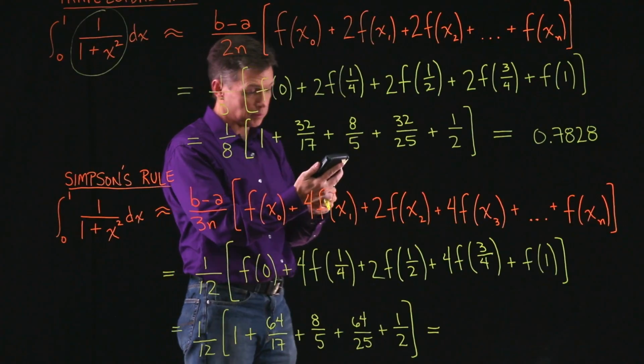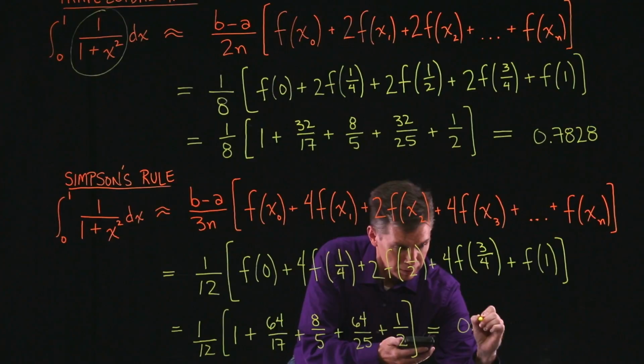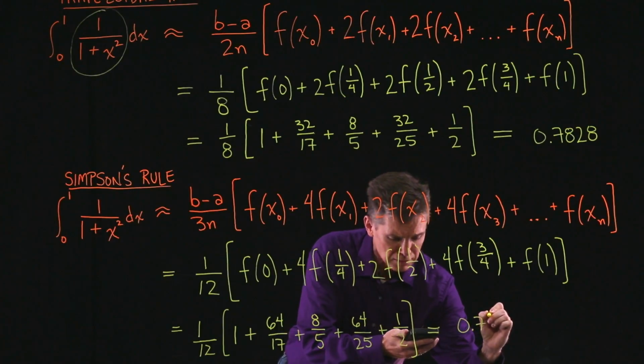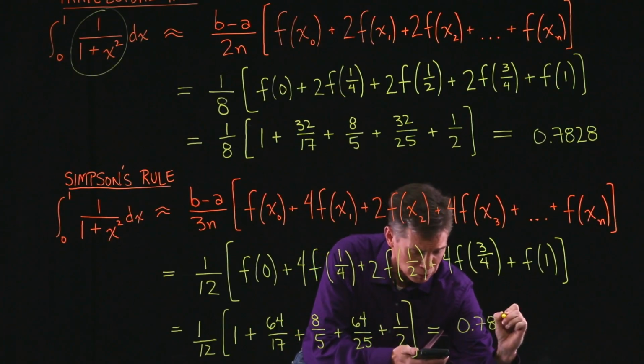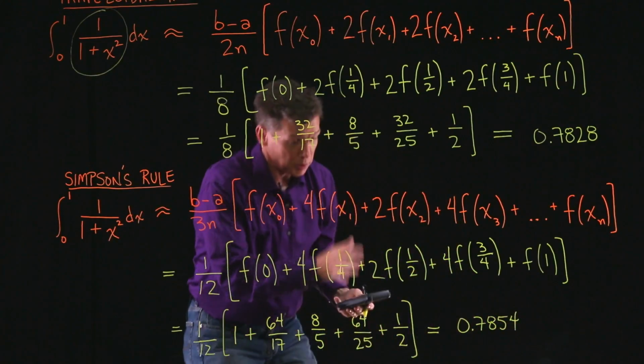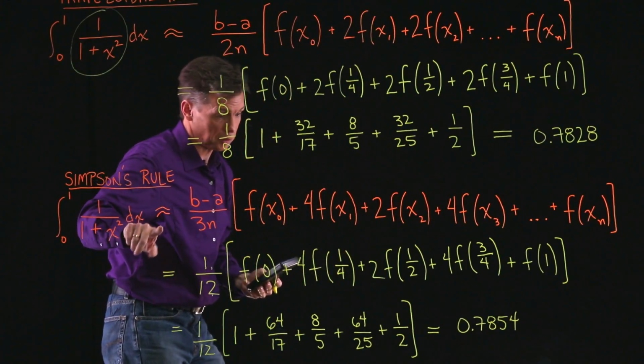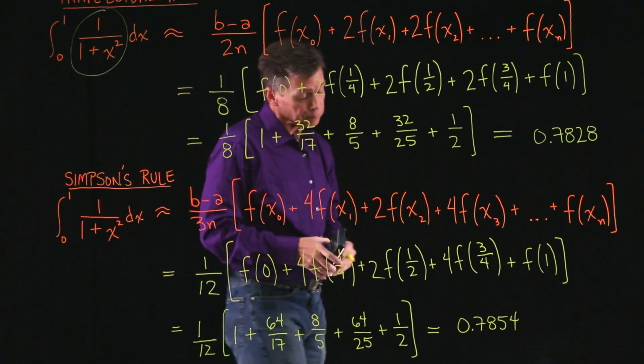Close the parentheses. And I'm getting a value of 0.7854 if I go to 4 decimal places again. And I round it, and it's still an approximation. I use my calculator, but I do have that addressed here, so it's only approximately equal to.